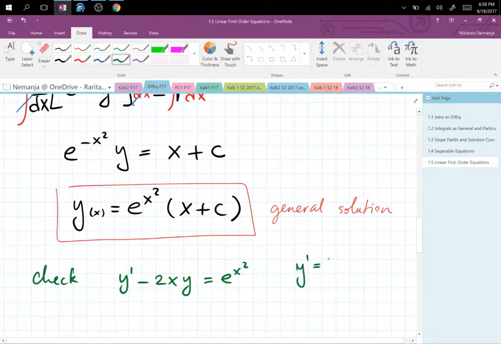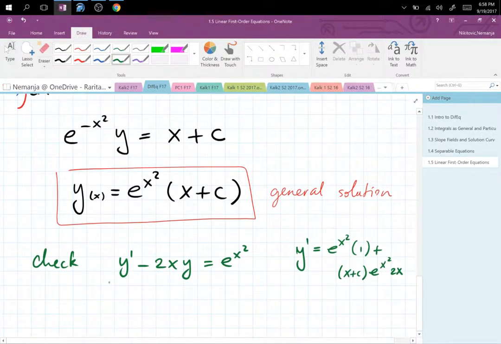The function here, we have a product rule between the first function and the x plus c function. So copy the first one times derivative of the second one plus copy the second one, which is x plus c, times the derivative of the first, which is e to the x squared times 2x.